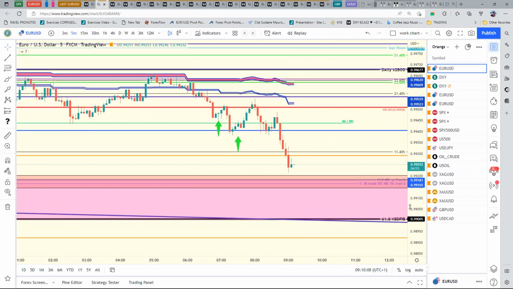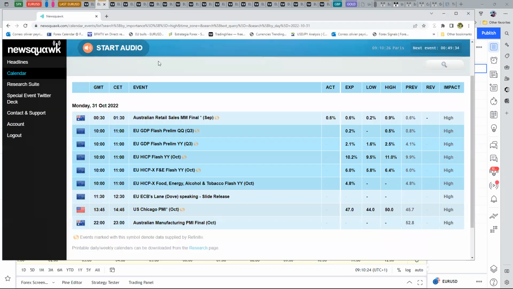We must remember we have some data coming. I posted that on the old feed, but we have some data coming soon. Let me show you that again in case. So this is what we have coming at 10 GMT here. It's the confirmation of the GDP that we saw last week.